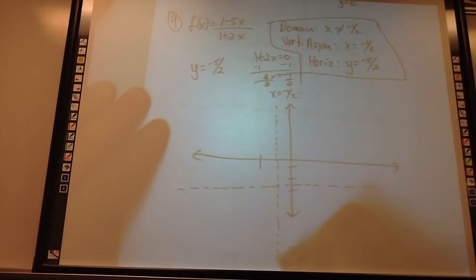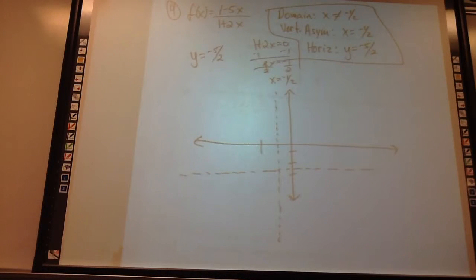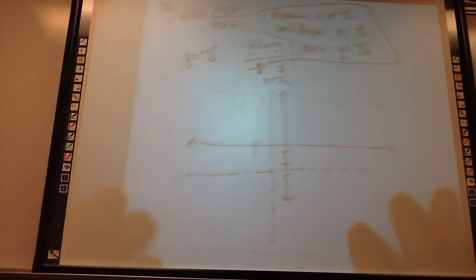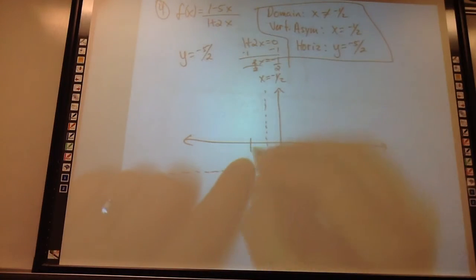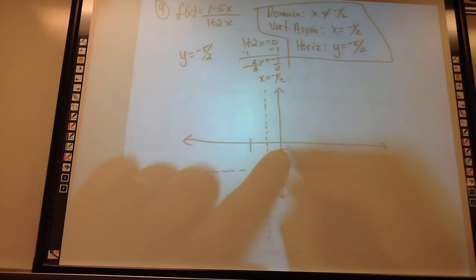So we got our asymptotes going. How are we going to graph it? You have to plug in some points. There are some little tricks you can do when you plug in the points. Let's just make a little table. I was going to start left to right.